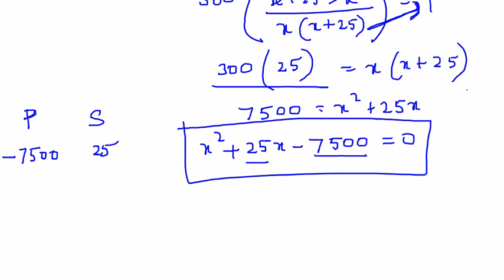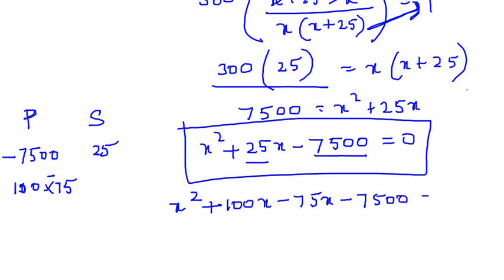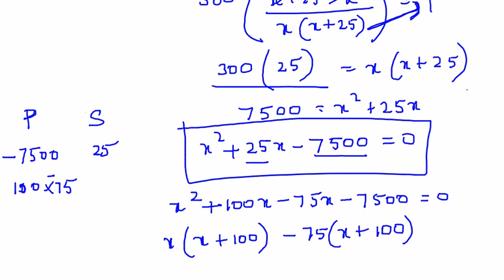One thing that quickly comes to my mind is 100 into 75. 75 into 100 is 7500, and 100 plus of minus 75 will be plus 25. So we can split this as x squared plus 100x minus 75x minus 7500 equal to 0. Now let's take x common: x into x plus 100 minus 75 into x plus 100 is equal to 0.